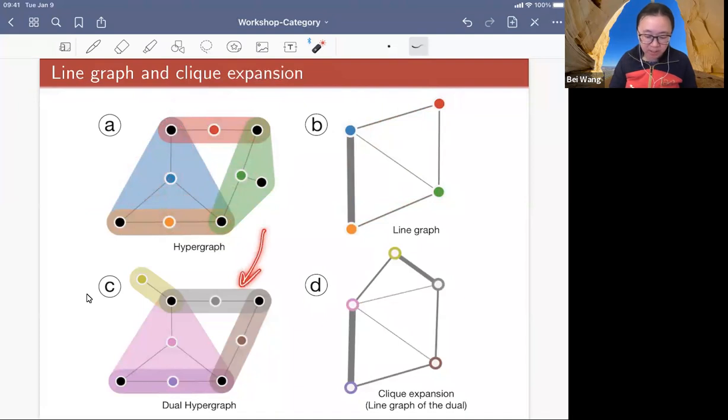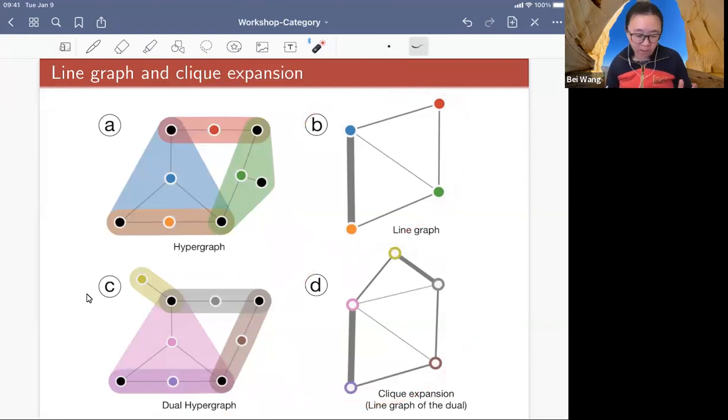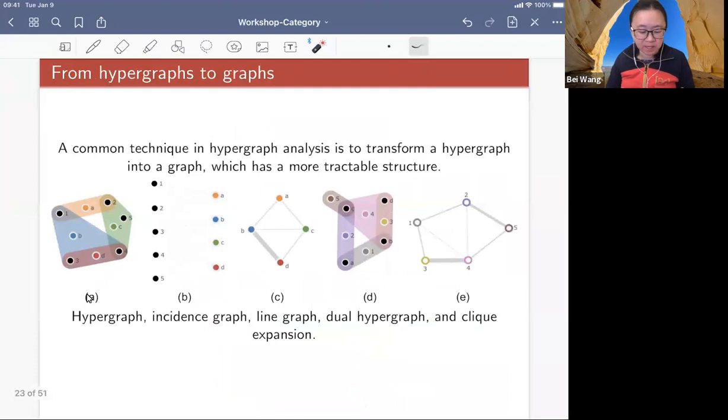Now the bottom is the dual hypergraph, and if you take the line graph of the dual, it's what's called clique expansion. So B and D are some of those other ways of mapping a hypergraph to a graph. Where the category thing comes from is that we actually want to study the category of hypergraphs mapped to a category of some sort of graph and study the properties of the functor.